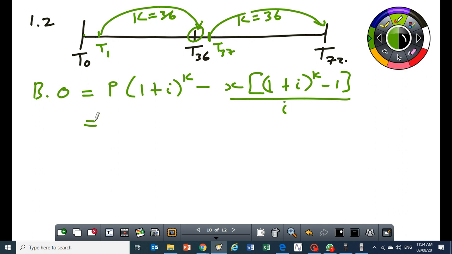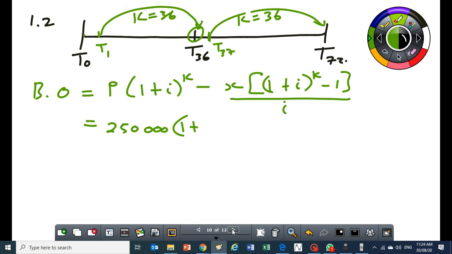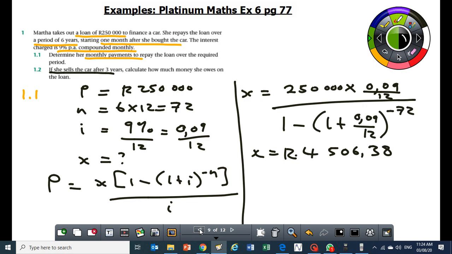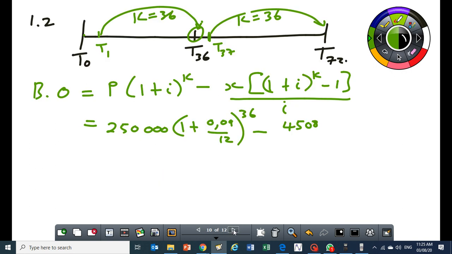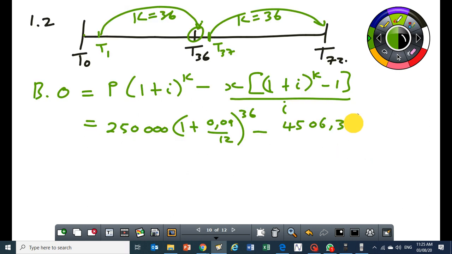Then we substitute, that's 250,000 times 1 plus I. Now our I, remember, if you look at the question, our interest is still the same. It's 9% per annum compounded monthly. So this will be 0.09 over 12 raised to the power of 36, minus 4,506.38.